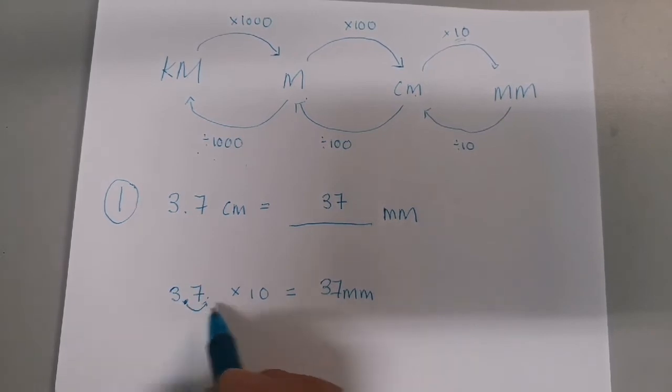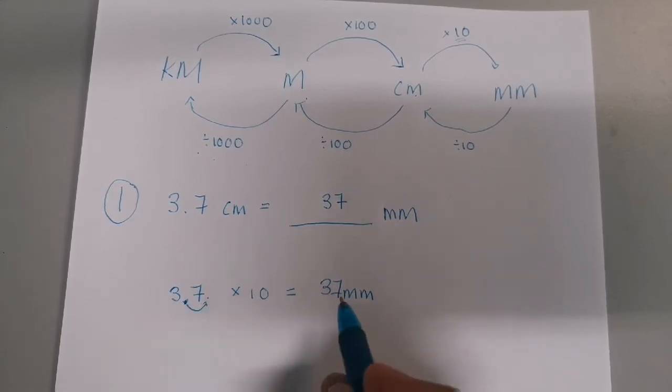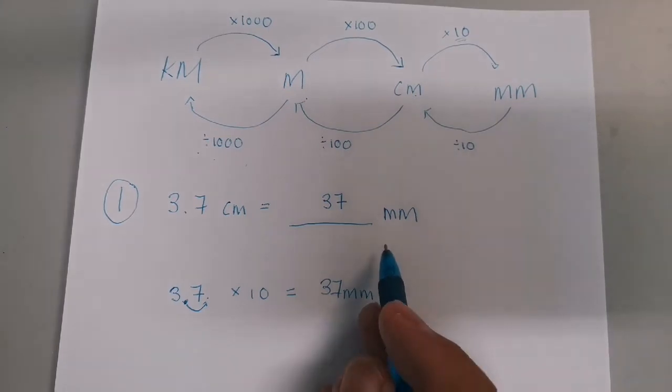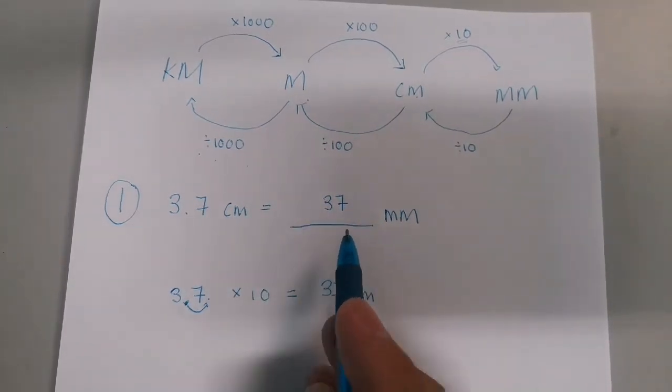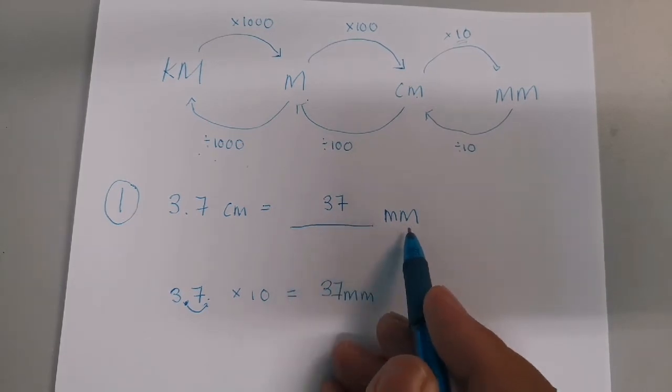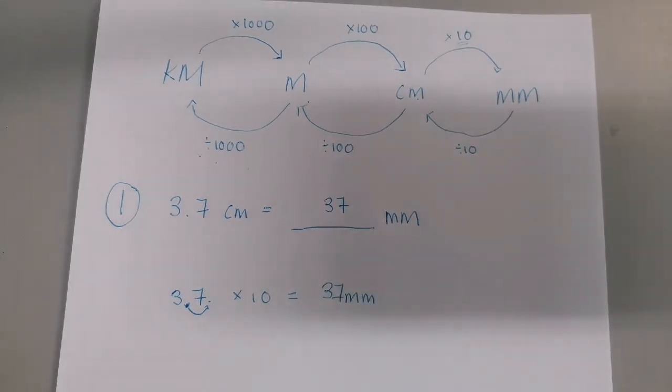When times with 10, you shift the decimal point to the right, the number becomes bigger, which is 37. Here we are converting centimeter to millimeter, so the answer is 37 millimeter.